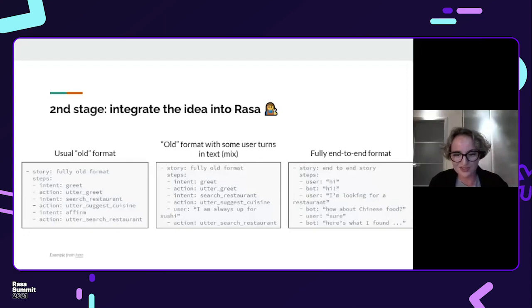And then the right one is the fully end-to-end format, where everything is text and it looks just like what every person said. So we imagine that in a perfect future world, we would have some way of having all of those included into Rasa.